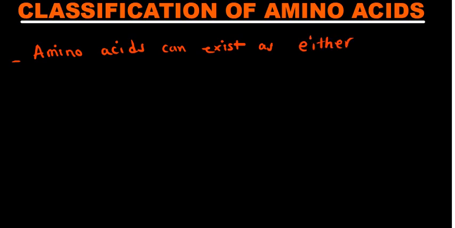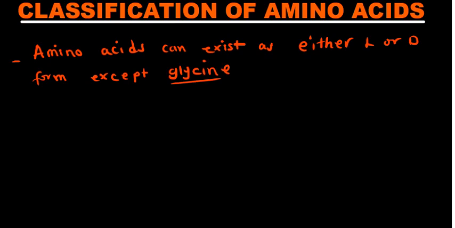We said that amino acids can exist as either L or D form, except glycine.